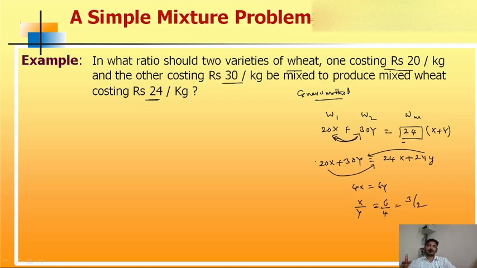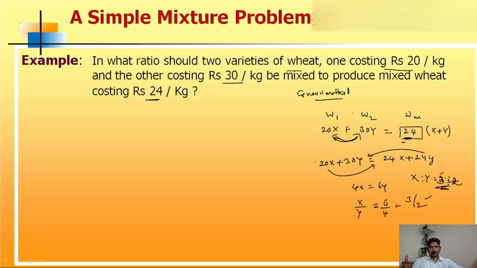So the ratio x to y is 3 to 2. To sell the mixture at 24 rupees per kg, he has to take three parts of type 1 and two parts of type 2.